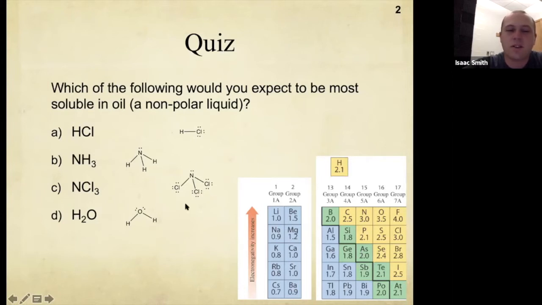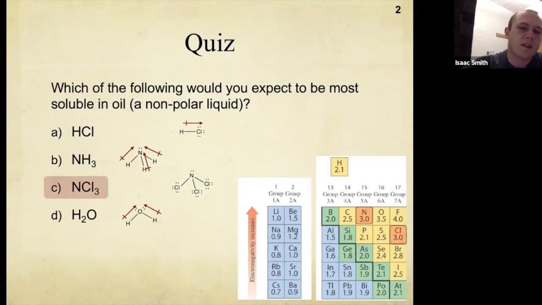So out of all 4, this would be the most non-polar molecule on that spectrum of polarity that we sometimes talk about. Since it's the most non-polar out of the 4, it is going to be the most soluble in oil, because oil is a non-polar liquid. So the most non-polar molecule will be soluble in oil.